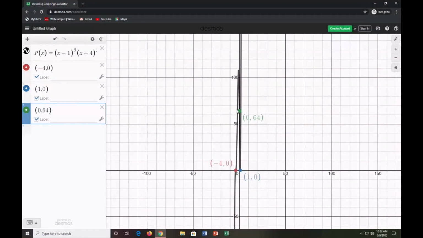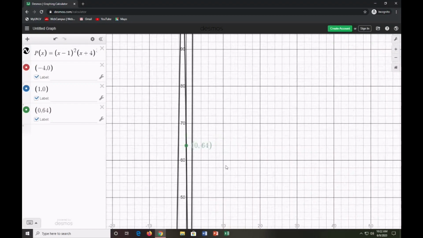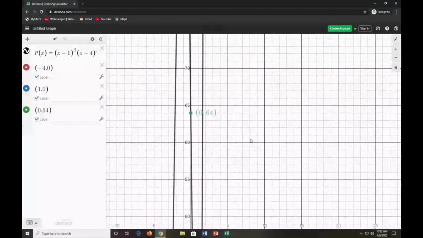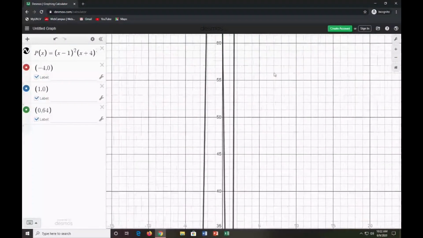There is only one y-intercept, but I've zoomed out so much that the lines are so close to each other, you think that there are multiple y-intercepts. No, there is only one y-intercept, which is at that point. We can zoom to it. We can investigate all of these points by zooming into them, but we cannot look at them all at once. So that's where the graph of this polynomial goes through the y-axis, 0, 64.